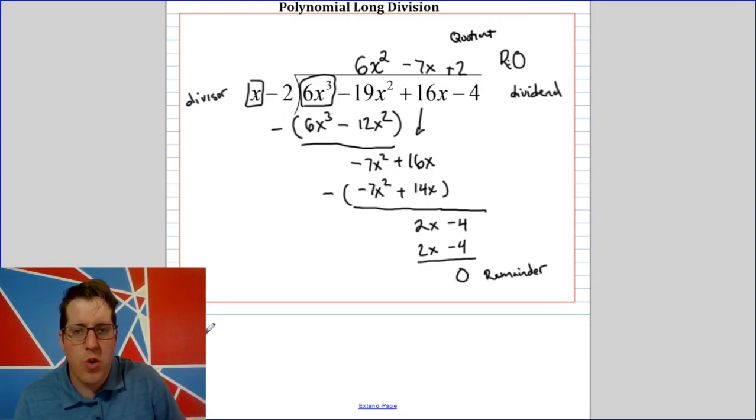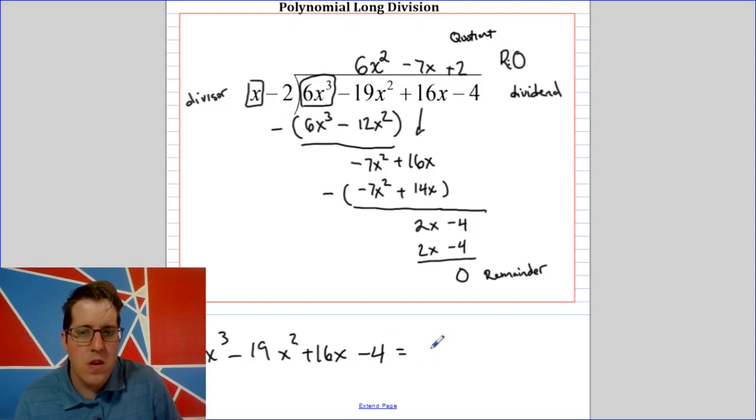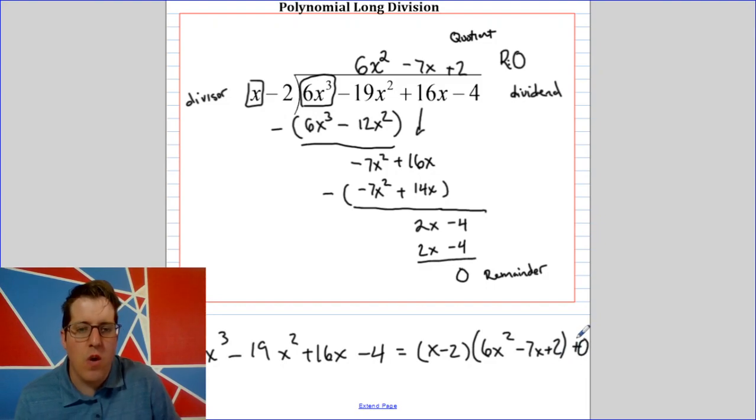So the statement that we're going to write is that 6x cubed minus 19x squared plus 16x minus 4 equals x minus 2 times 6x squared minus 7x plus 2 plus 0.